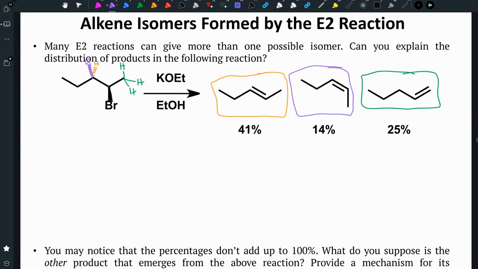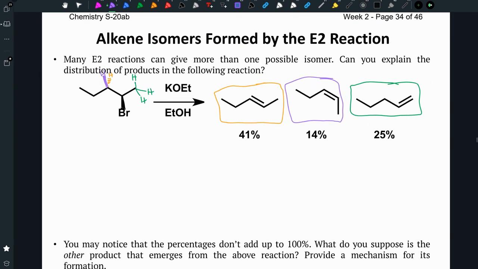Well, notice if I want to remove the purple hydrogen, right now it is not anti to the bromine. So before I could remove that purple hydrogen, I would need to rotate around the central bond so that the bromine is anti to the hydrogen that I'm removing. When I do that, what I would get is a situation where I have an ethyl group wedged.